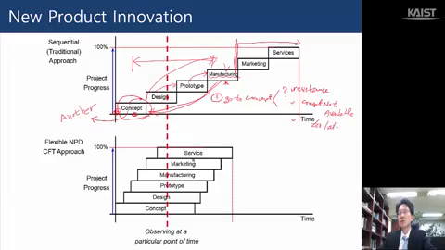So it's not possible to go back to the very beginning and work step by step from the very beginning. So there are a couple of reasons why it's not feasible to go back to the concept under this sequential traditional approach.